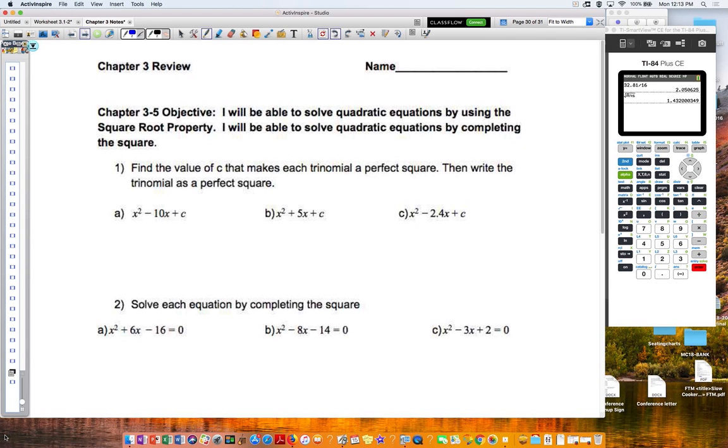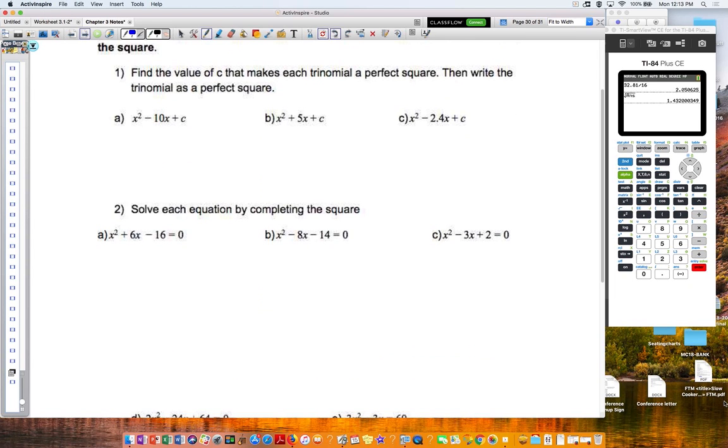So it's now doing the square root property and completing the square. So on these first questions, it says, find the value of C that makes each trinomial a perfect square. Remember how this process works. We take half of the value, so half of -10 is -5, and then you square it. Well, -5 squared would make C 25, because this would make this x minus 5 quantity squared.